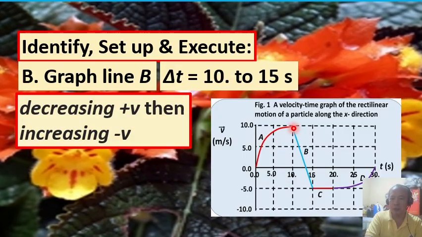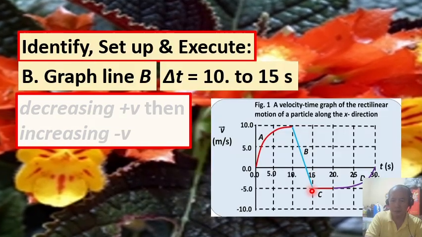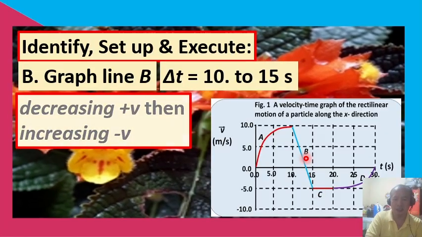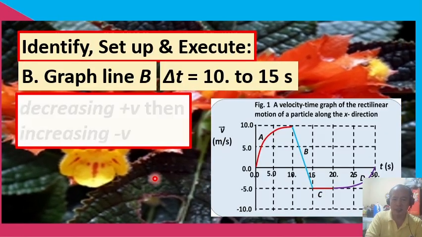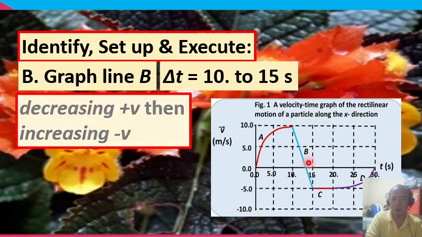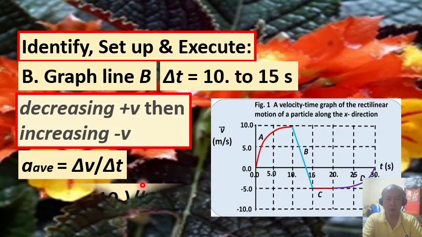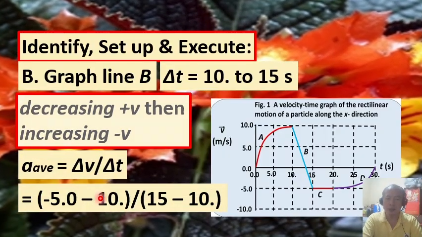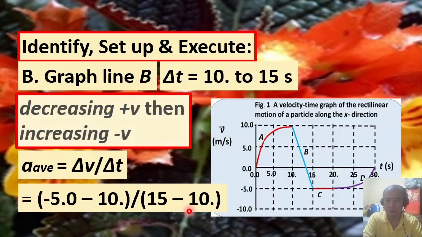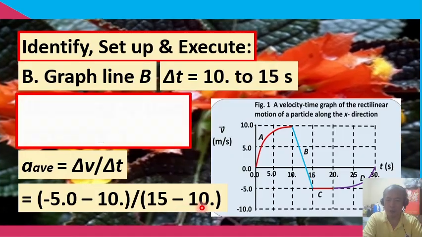All right. Notice also that graph line B is a straight graph line, right? Suggesting that its slope is constant. So we say that the acceleration on the average is constant. And we can show its computation by getting the ratio of delta V over delta T using the time interval 10 seconds to 15 seconds.